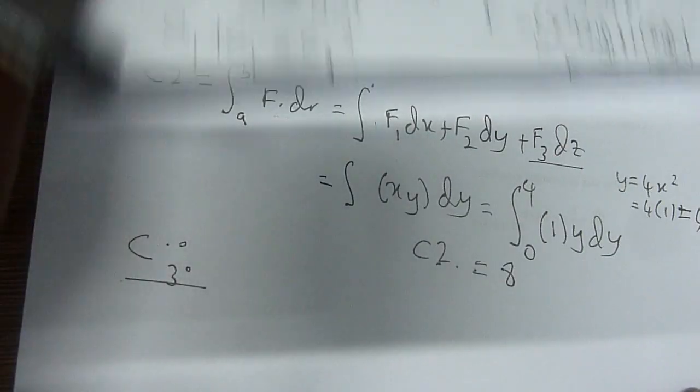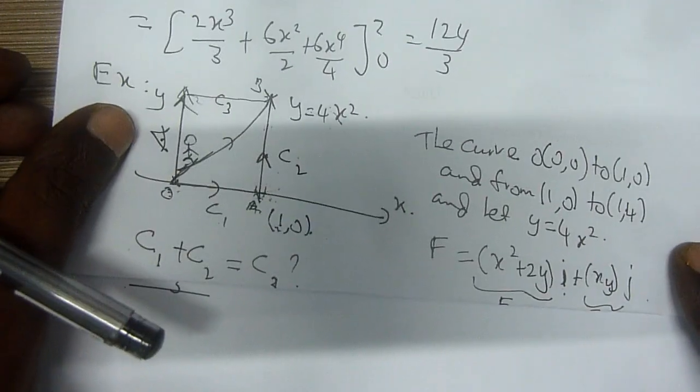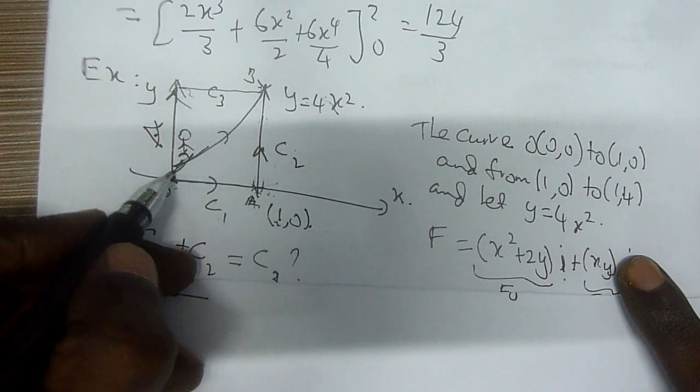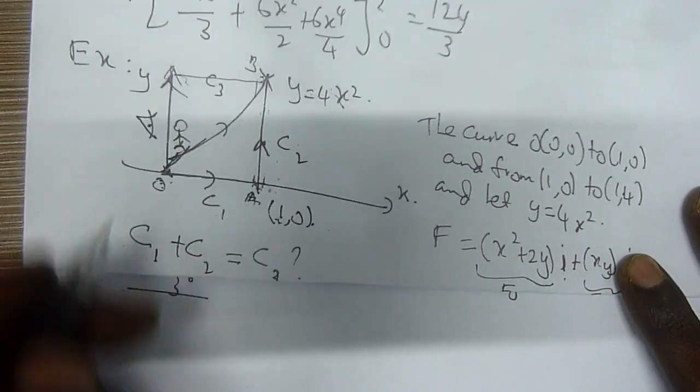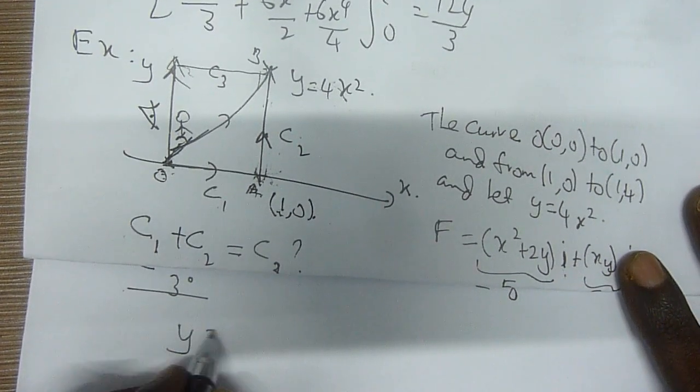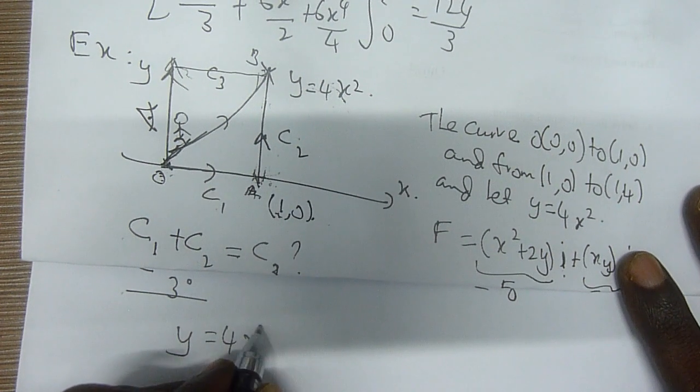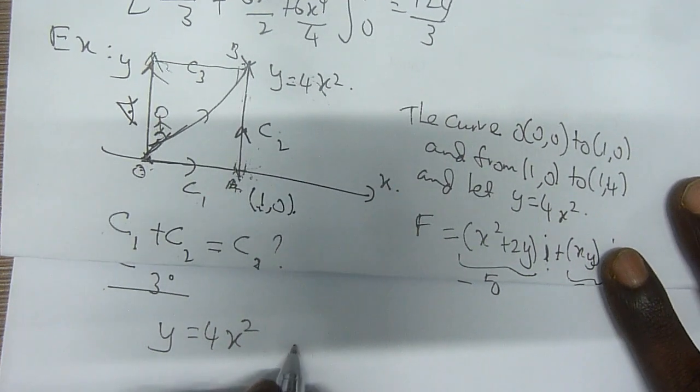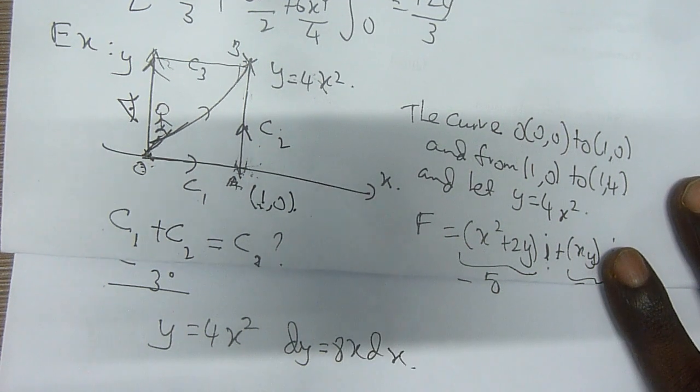C3, look at this again. The arrow is moving up here, therefore it's well known that we are using this. What is dy again? Dy can be explained as 8x dx. This is the equation that I have.